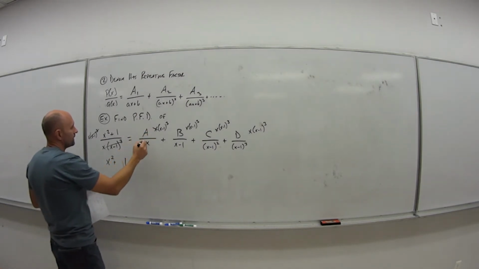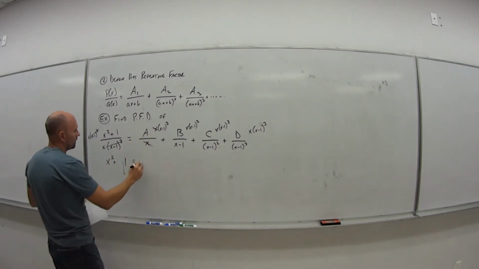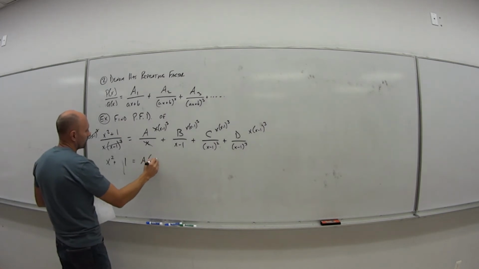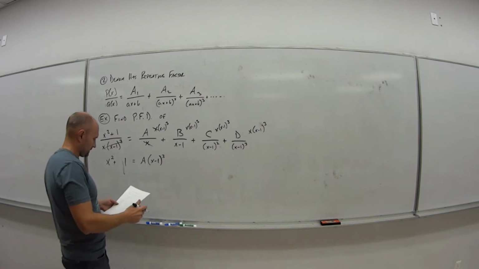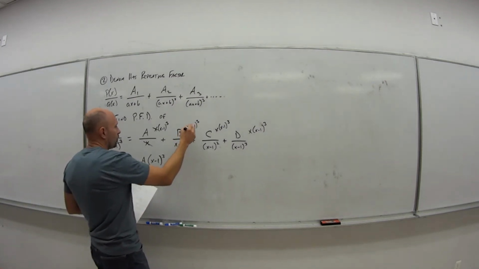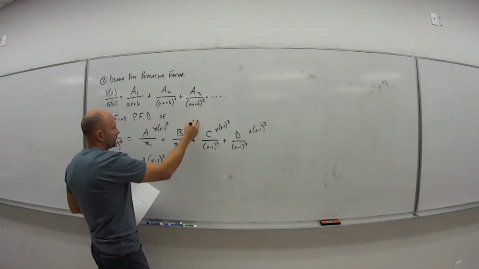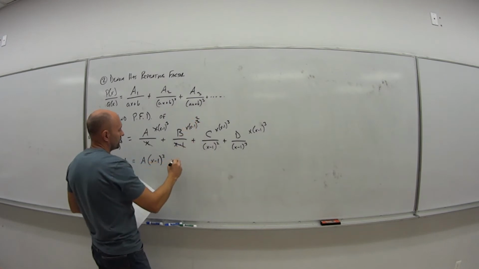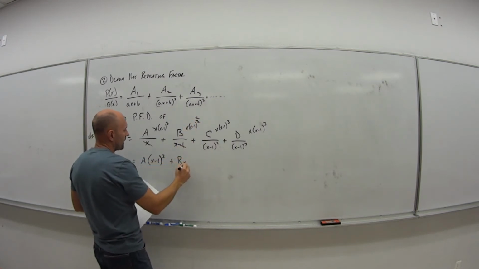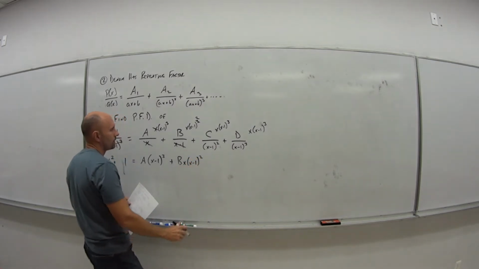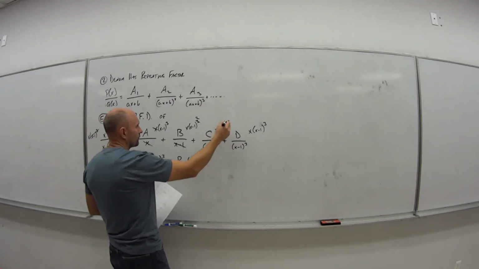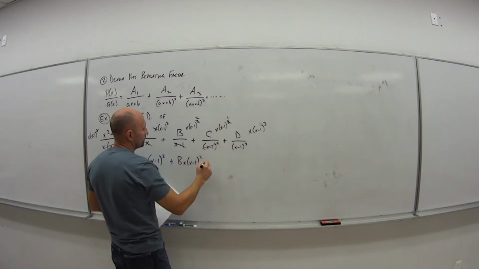Over here, the x pieces cancel out, so I get A times x minus 1 to the third, plus one of these x minus 1s cancels with one of these, so I have 2 left. So B times x minus 1 squared. 2 of these cancel with 2 of those, leaving me 1 left over.